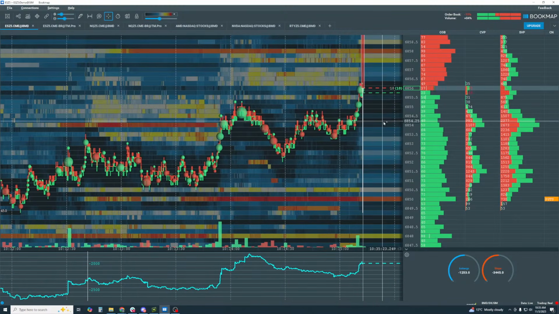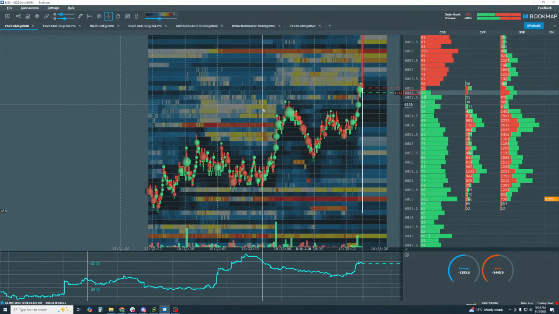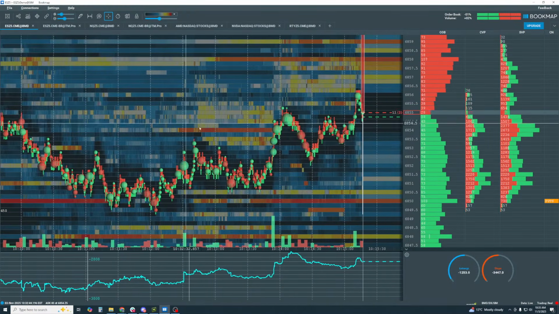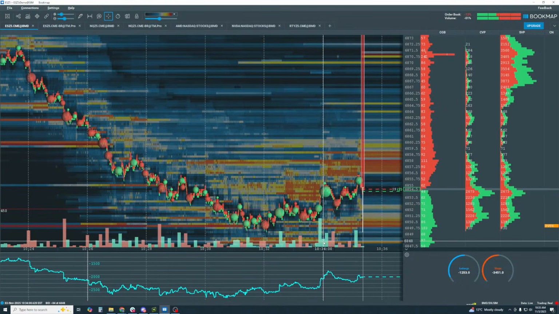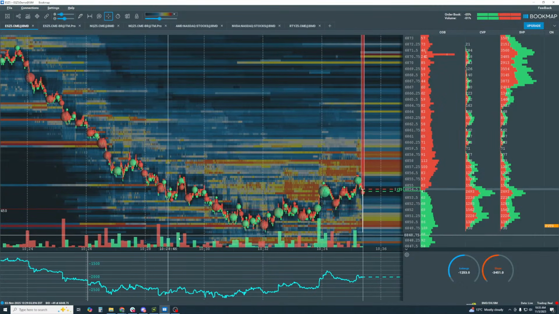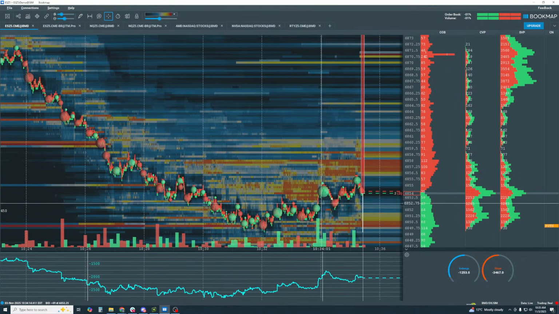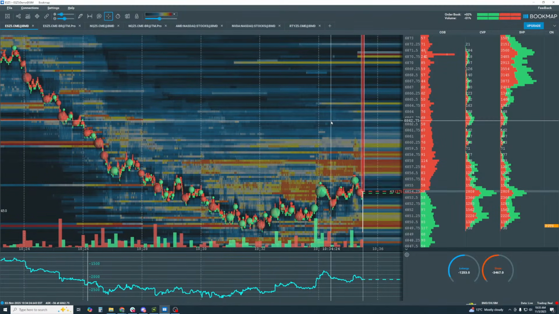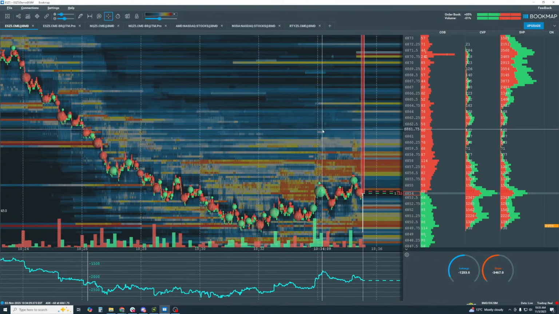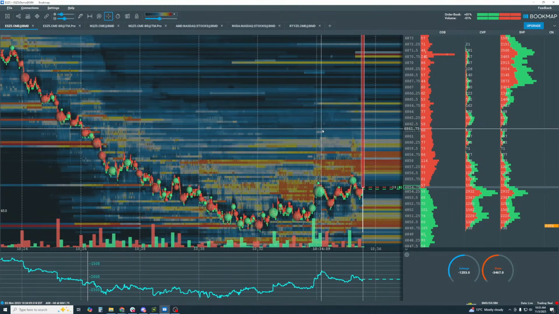Let's see if they can bring it up into our 58 level now and continue with this. We see a lot of buying in here, relative to these other areas. This is our rounded bottom that we're starting to see. Yeah, we'll take a look at the NQ in just a minute.